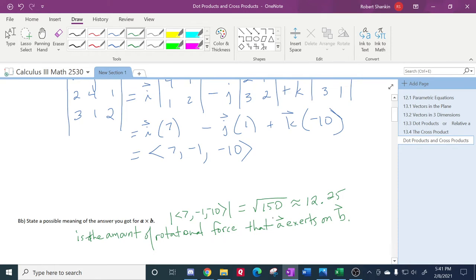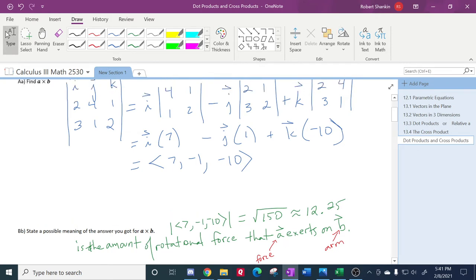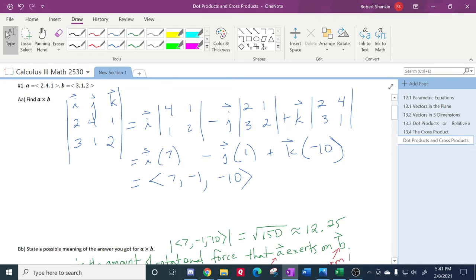Rotational force, so we can call this a force, and this an arm. Now the force could be pushing on, and the arm could be a wrench. And if we were in two space, we could verify it with a quick picture, and the vector itself would tell us the direction of the rotation.